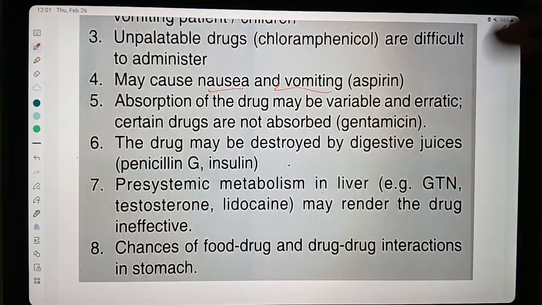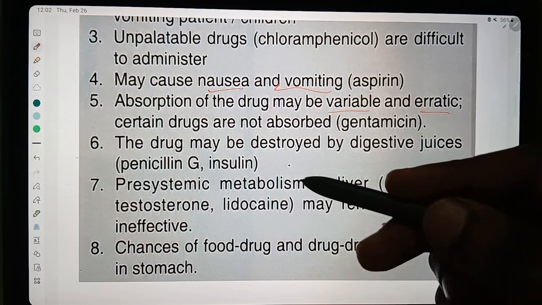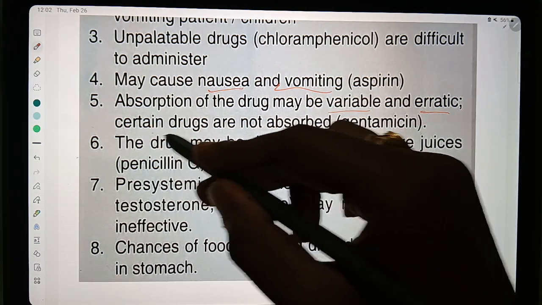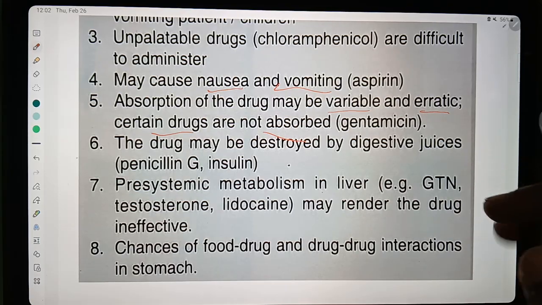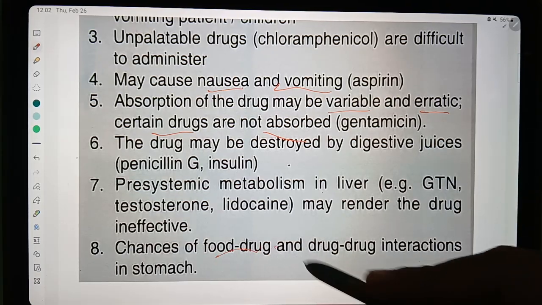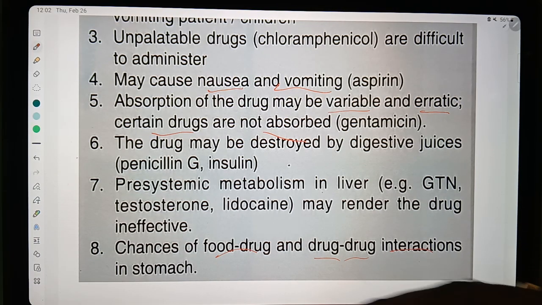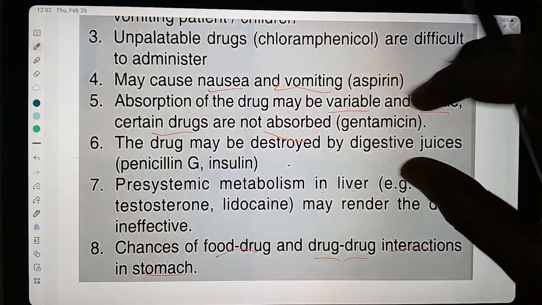Absorption of the drug may be variable and erratic, certain drugs are not absorbed, and there are chances of food-drug and drug-drug interactions in the stomach.